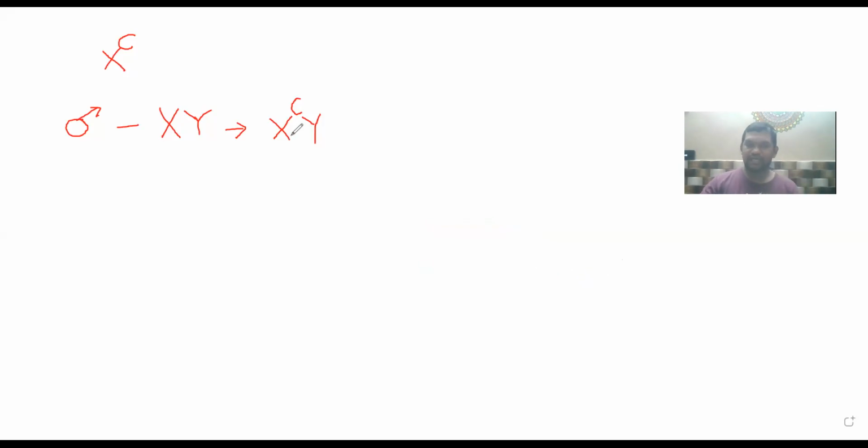XY and X with a dominant allele for color blindness means that the person is completely normal. The other possibility is again male, XY, with the recessive allele c.